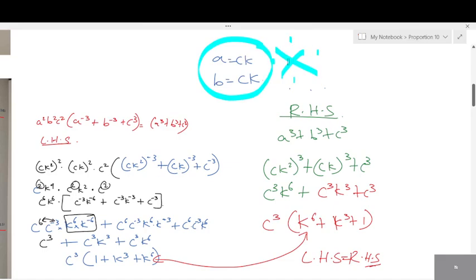This is the most important part. If you get the value of A and B wrong, you won't be able to solve.